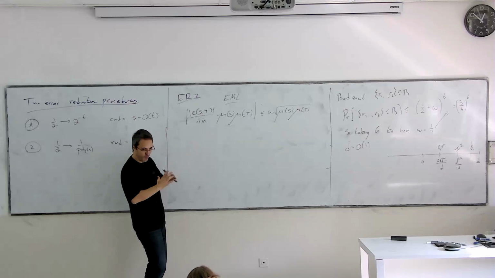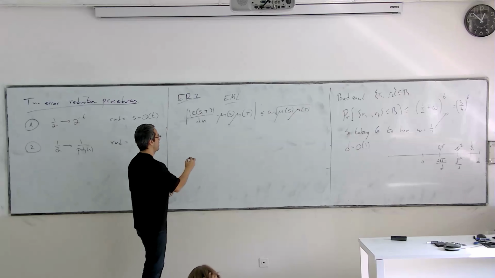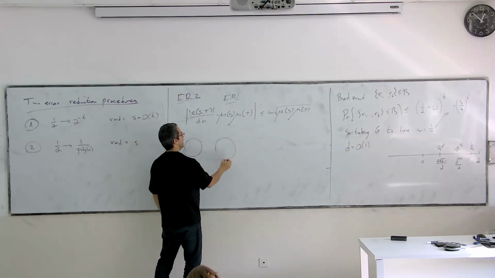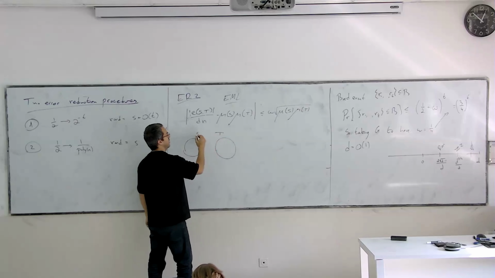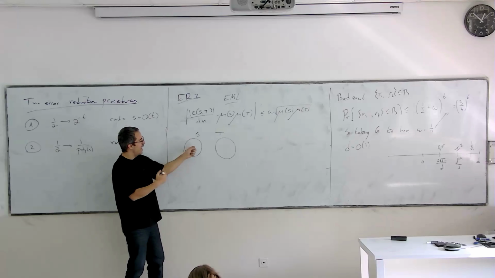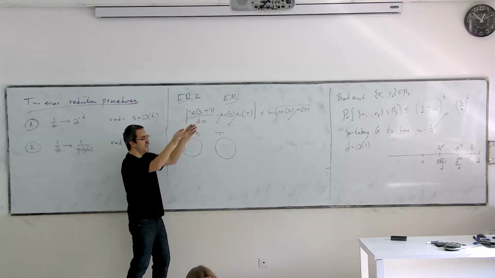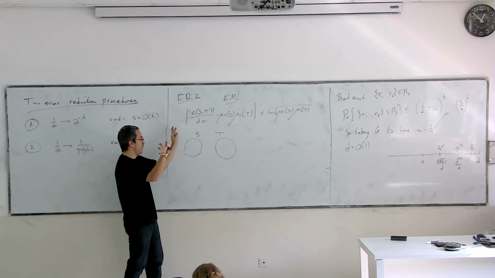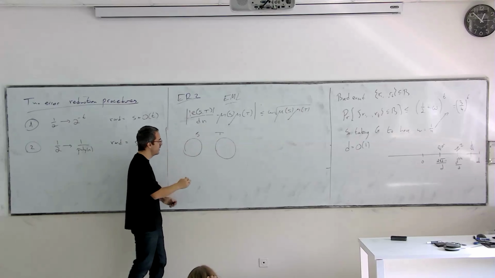So think of a random graph. What would happen in a random graph? If you have a set S and a set T, think of it from the point of view of S. Every vertex in S sends its edges somewhere, maybe at random.